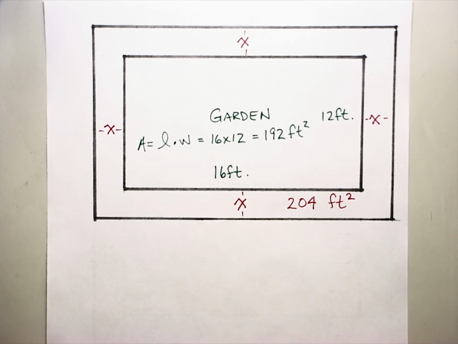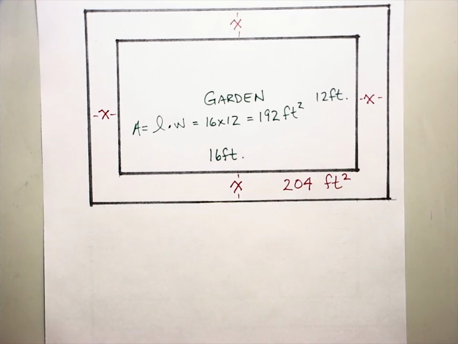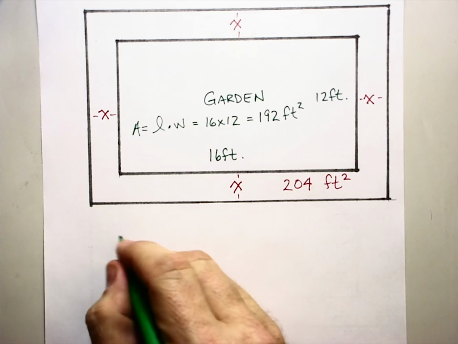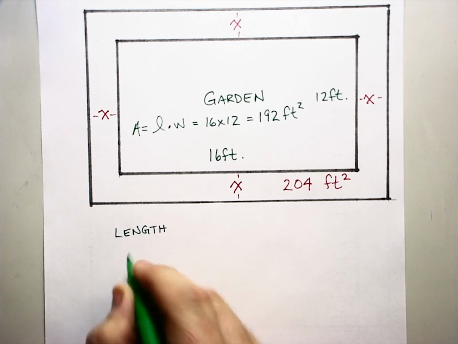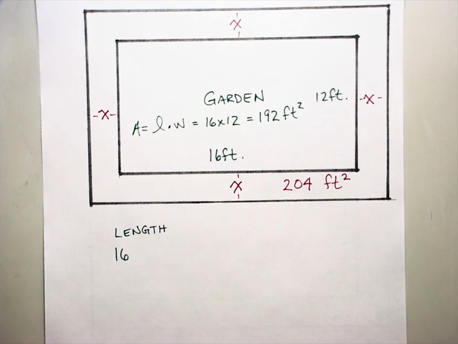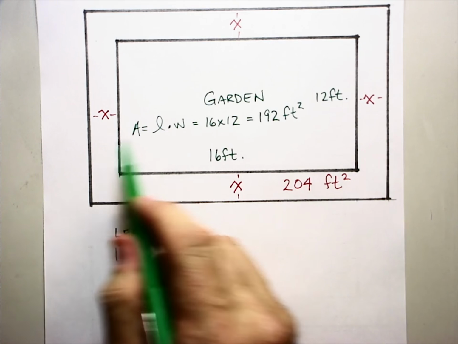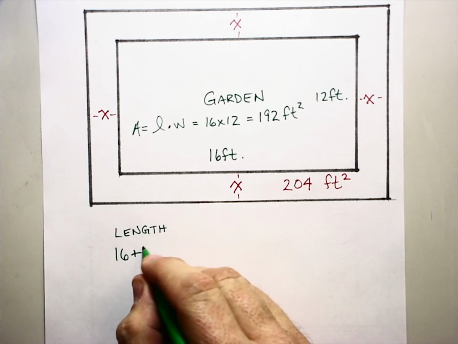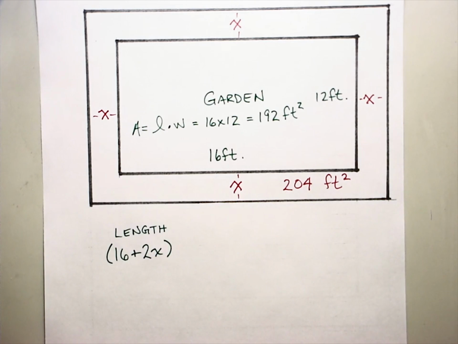So now we can look at the area of the larger rectangle that takes into account the walkway all the way around. We know that the length of that larger rectangle is going to be 16 feet for the garden, plus x on one side and x on the other side. So in other words, 16 plus 2x feet long.